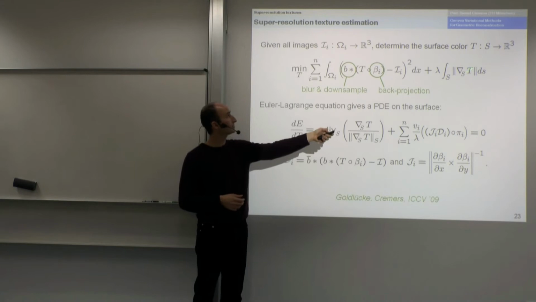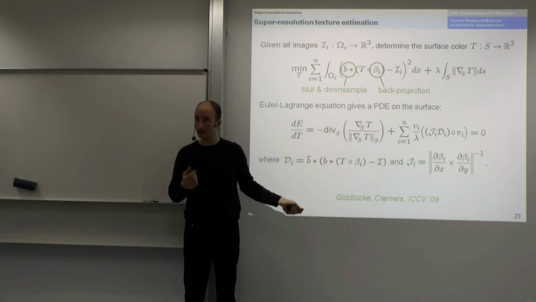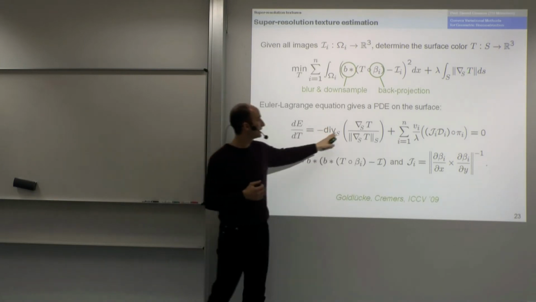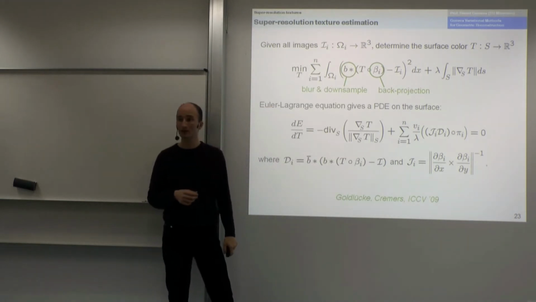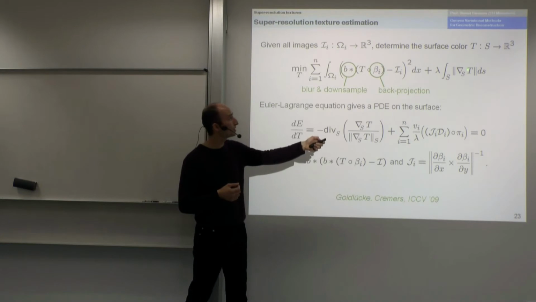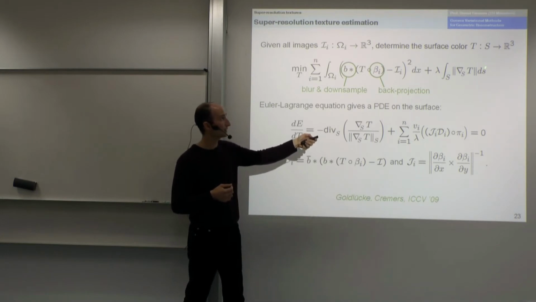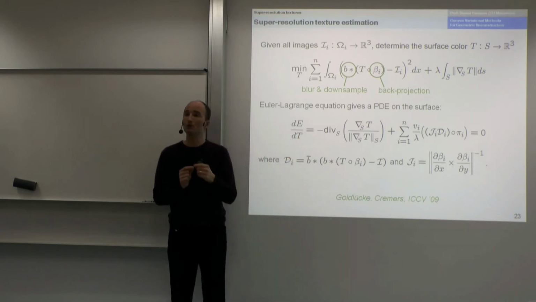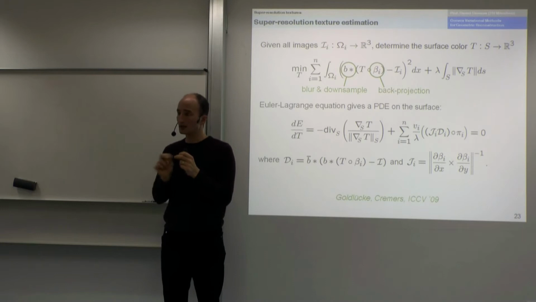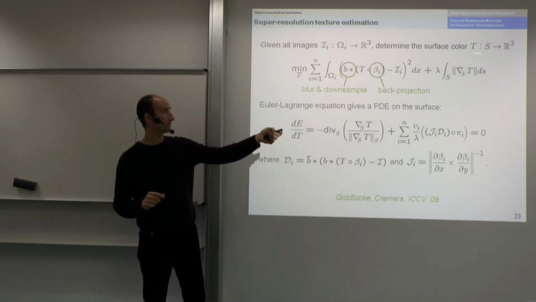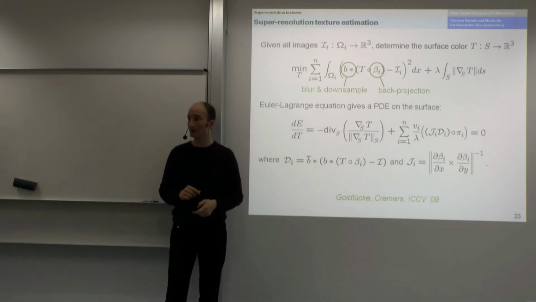If you had a quadratic penalizer, remember that would give us a linear diffusion, and here it gives us a nonlinear diffusion. The idea being that I want to have some regularity of the texture, but I don't want to over penalize discontinuities. So if the colors jump and are discontinuous, this is still acceptable for the total variation.